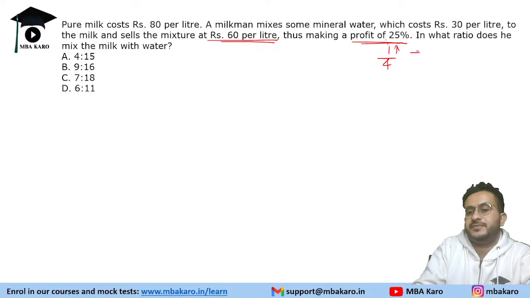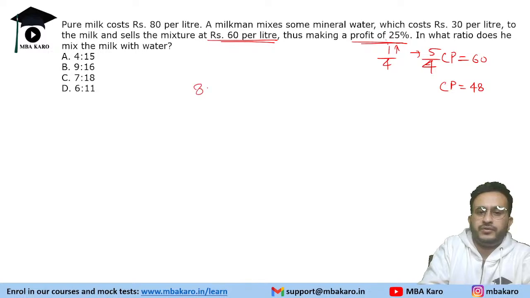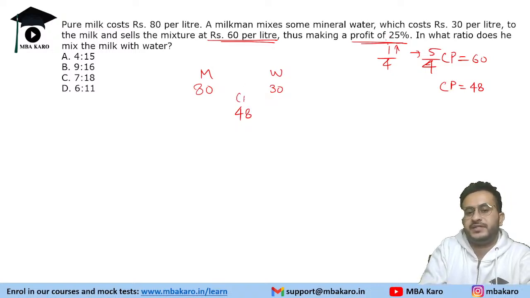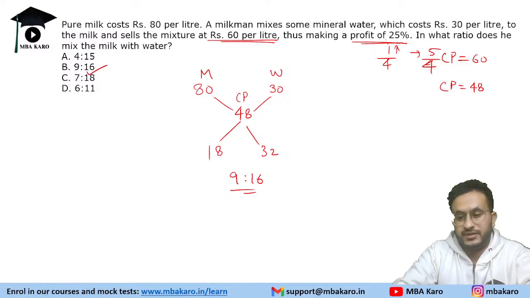One fourth increase means 5 by 4 times of cost price. That is equal to 60 rupees, so cost price will be 48. Okay, cost price 48. Now this is milk, this is water, which is 30, and the cost price is 48. So what do we get? We got 18 and 32, which is 9 ratio 16. Okay, so the mixing ratio is 9 to 16.